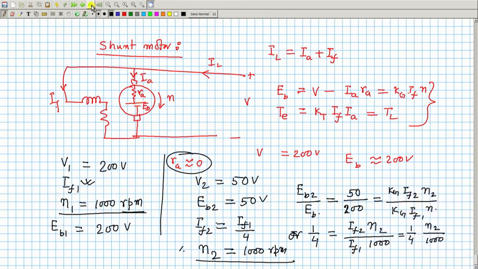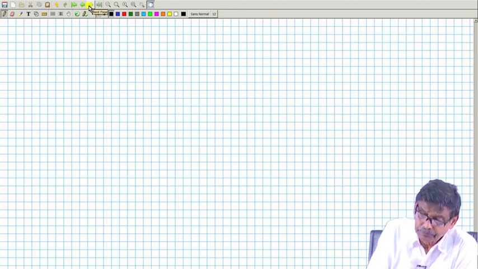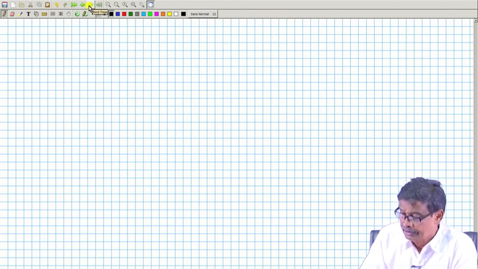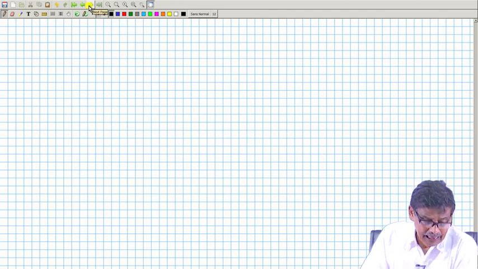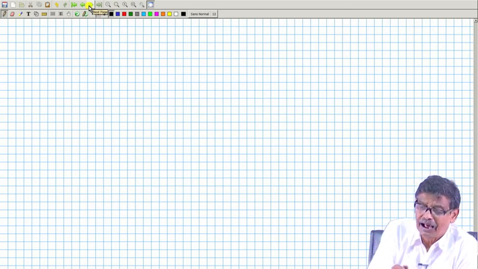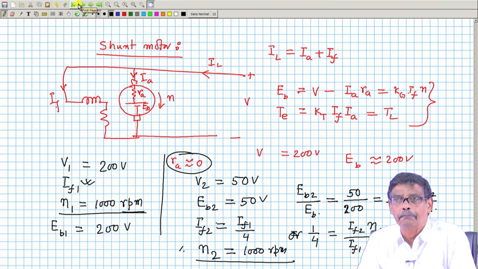So, this is how the calculation will go on in series and shunt machines. Why I have told calculations first before discussing the speed control, various methods of speed control of DC motors as well as starting phenomena and braking, is that the calculations in DC machines are very simple.